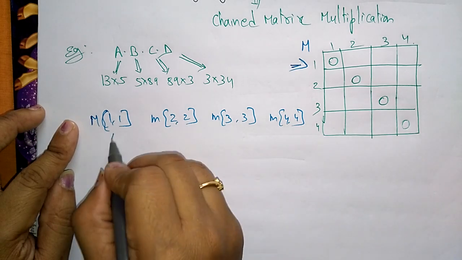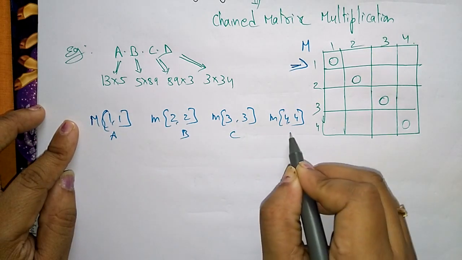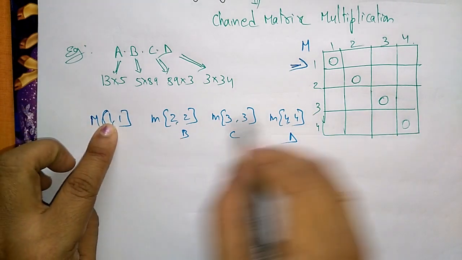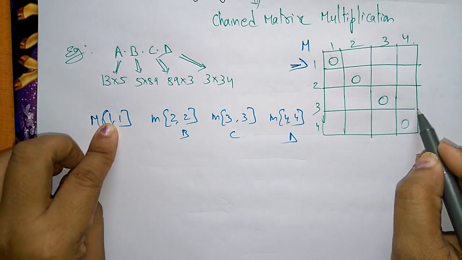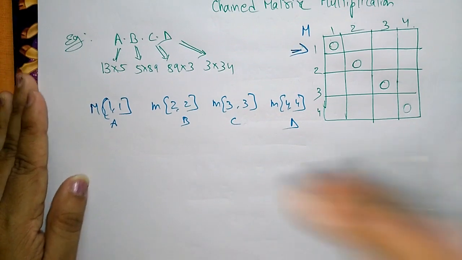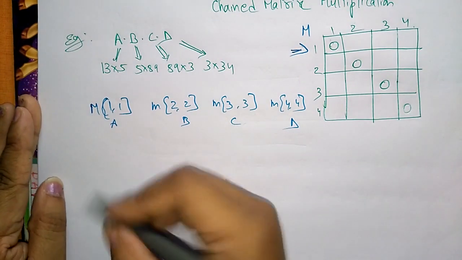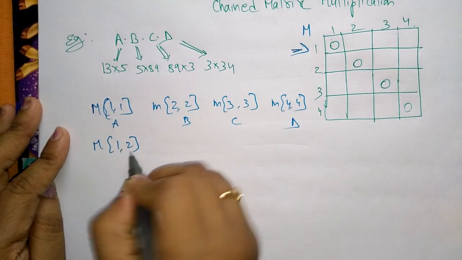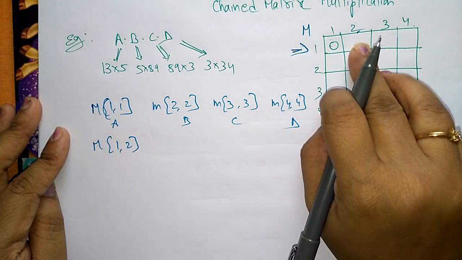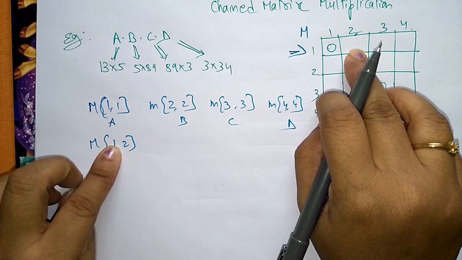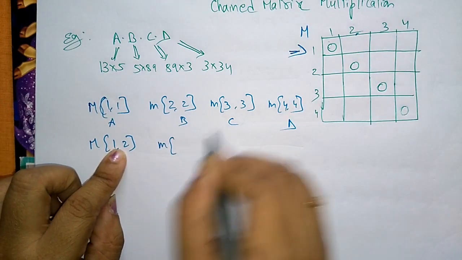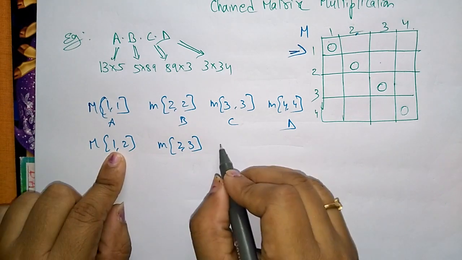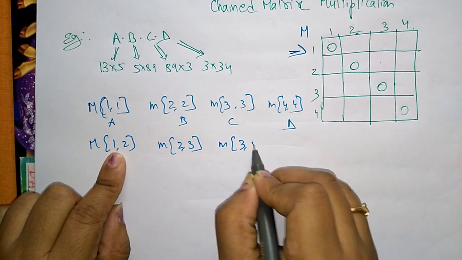This is A, B, C, D. These are all small sub problems, and these sub problems are 0 first. Next, multiply two matrices. That is M of 1 comma 2, and we have to find the value for this. Then M of 2 comma 3, and M of 3 comma 4.